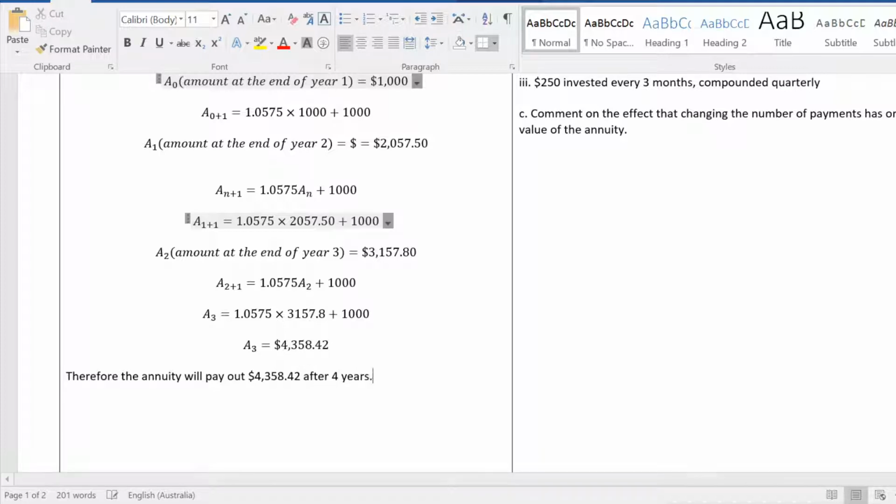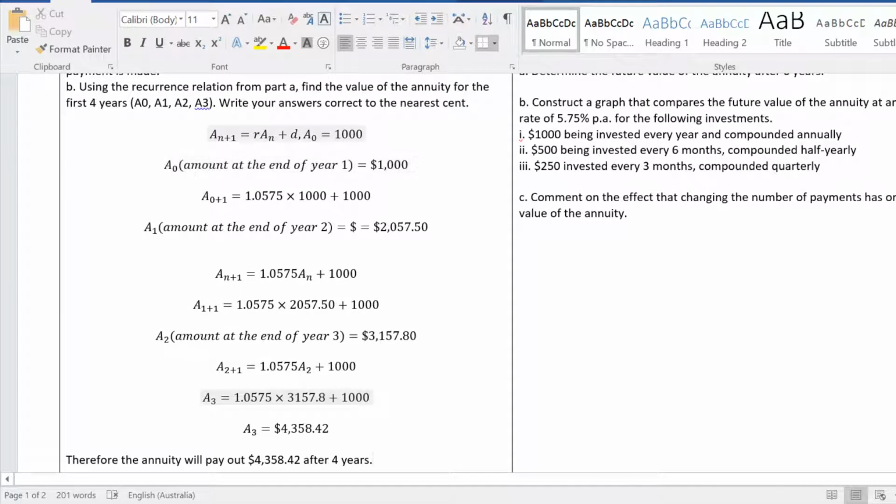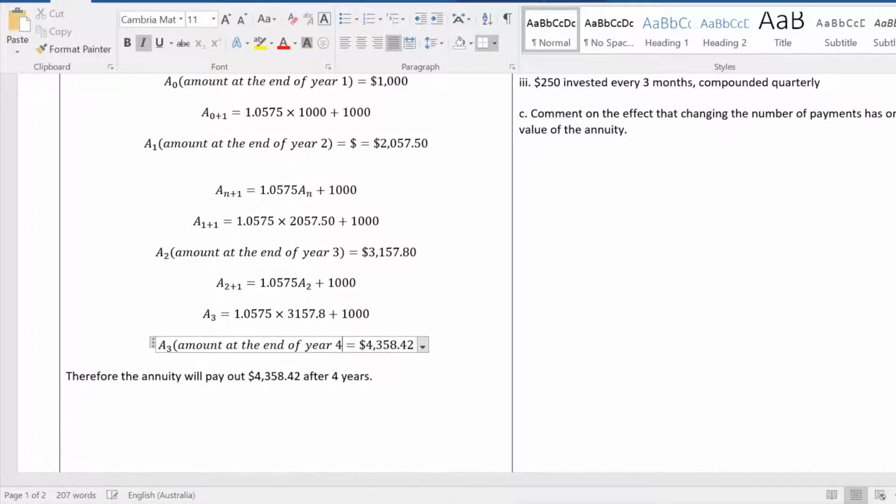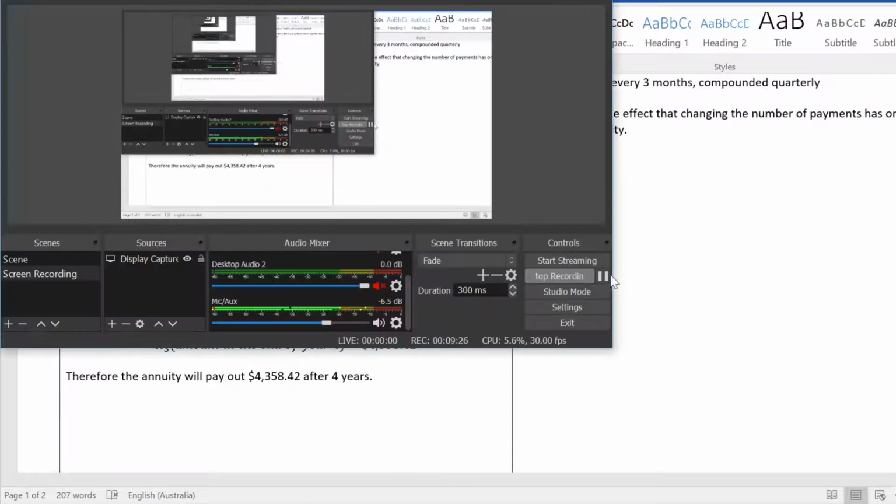I've already went over the logic of why we only went to A3. It's because we included A0. Okay, so remember, instead of writing A3, the other way to remember it is the amount at the end now of year 4. So there is our answer for that one.